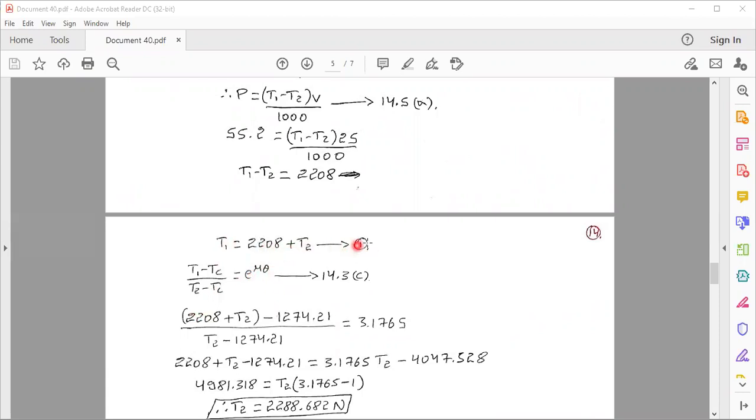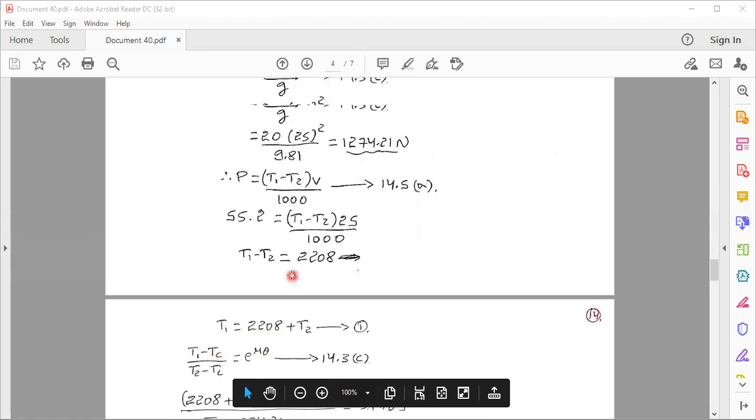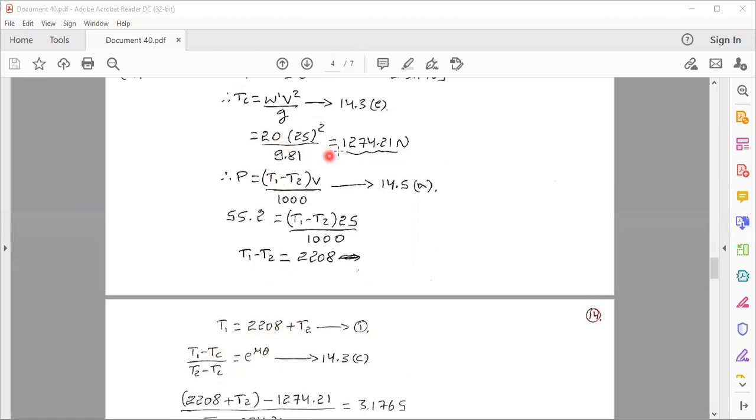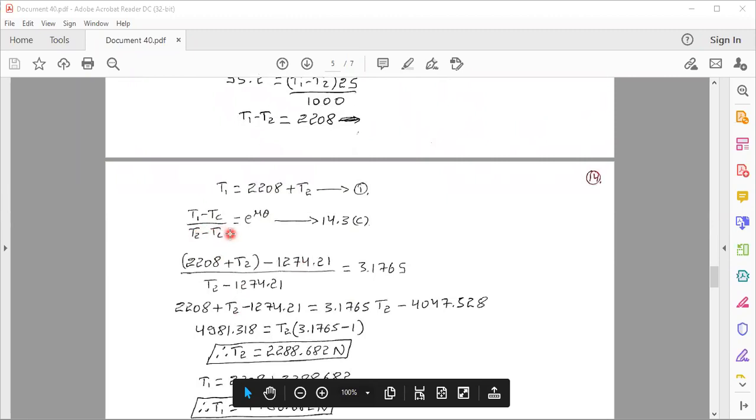From equation 1 you know the T1 value. Substitute the T1 value, it is 2208 plus T2 minus Tc. Tc value you have calculated, that is the centrifugal force on the belt. Substitute that value, divided by T2 minus Tc.